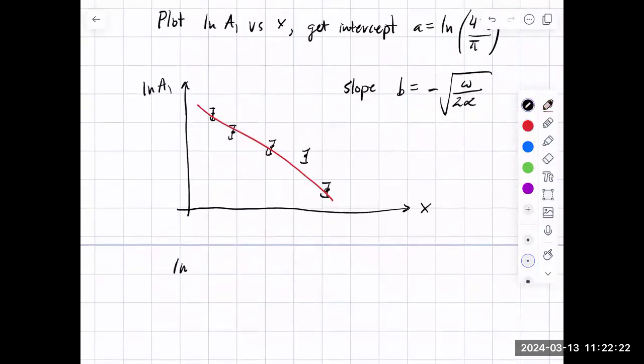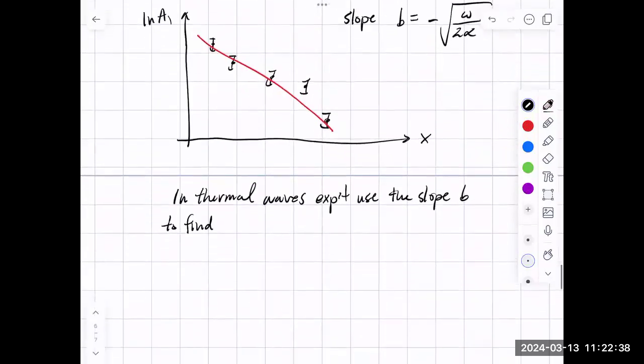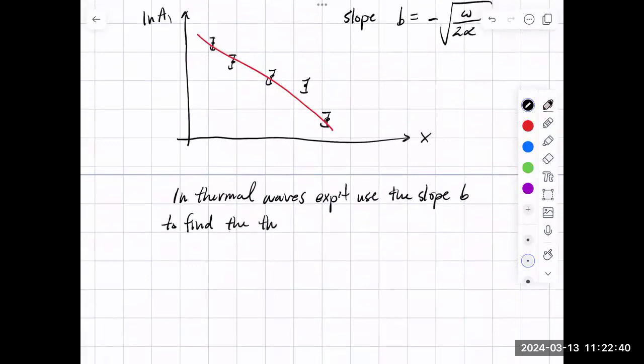So in the thermal waves experiment, we use the slope B to find the thermal diffusivity alpha of copper.